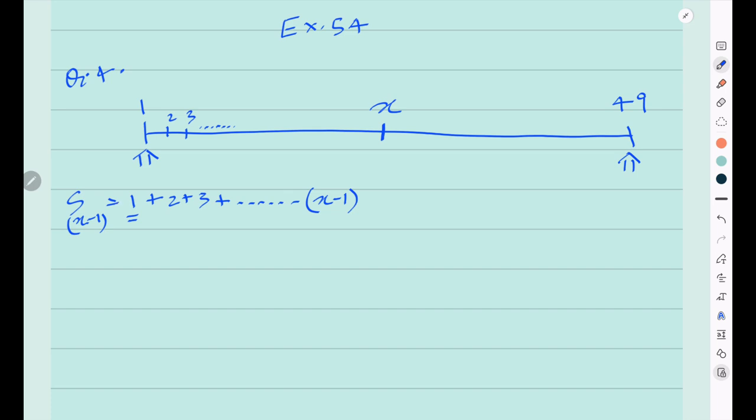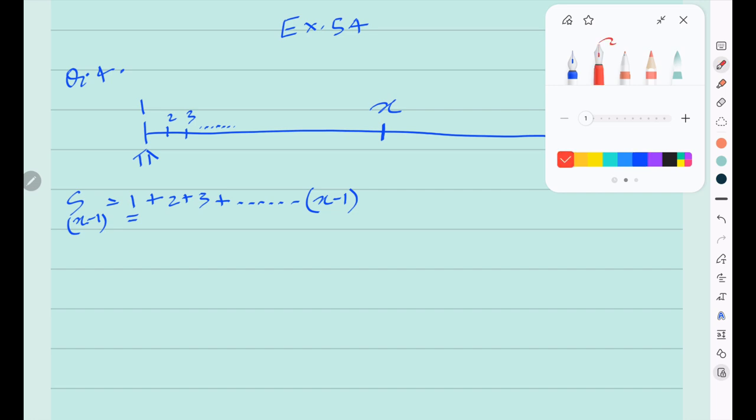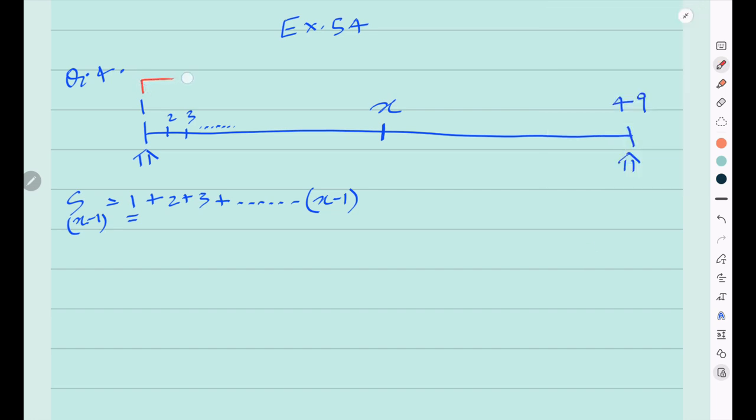It is talking about this sum, and then it is also talking about another sum. So one sum is up to this point, which is S up to x minus 1. Then again, not including x, summing up to 49.